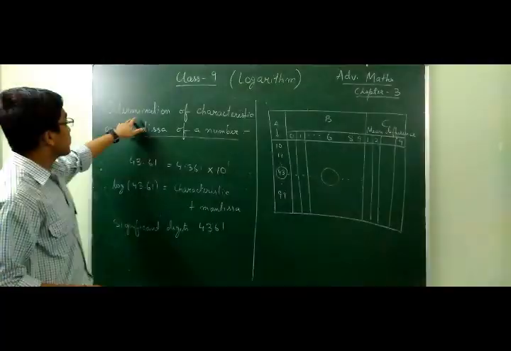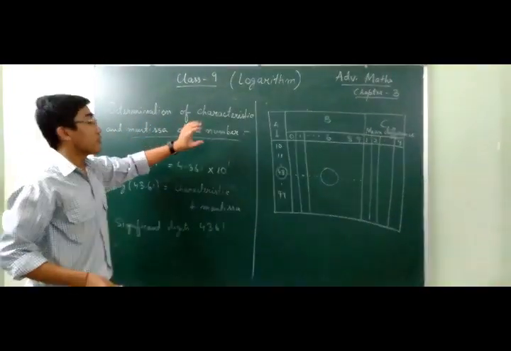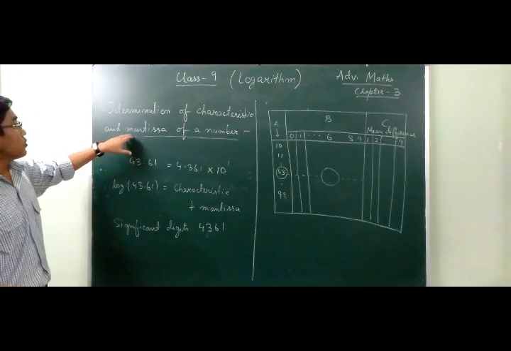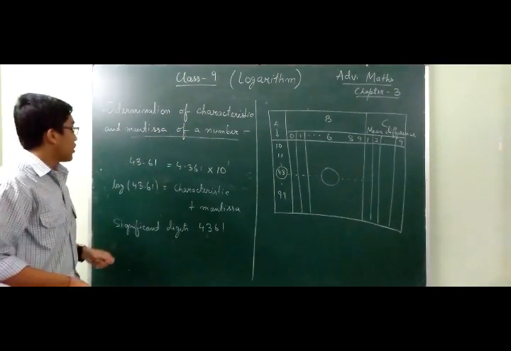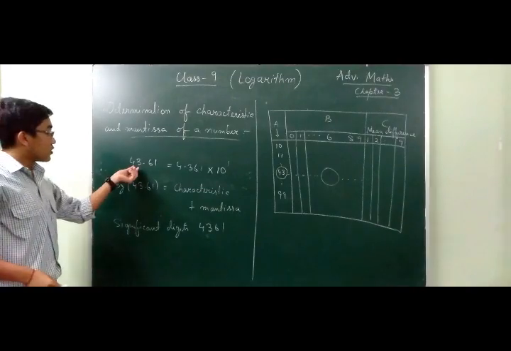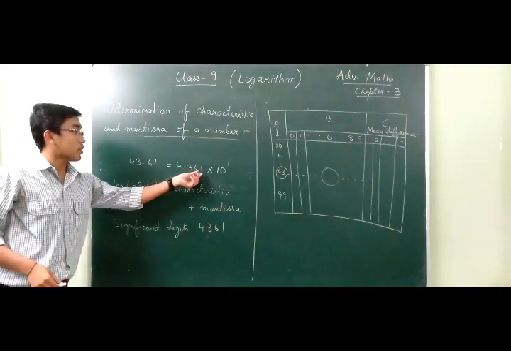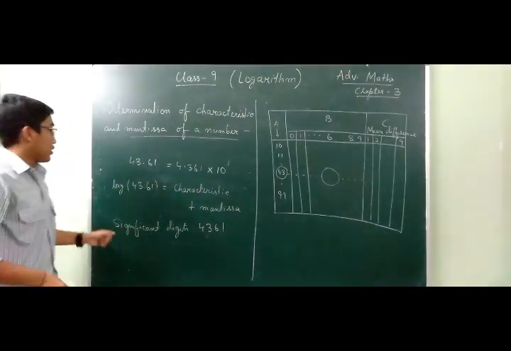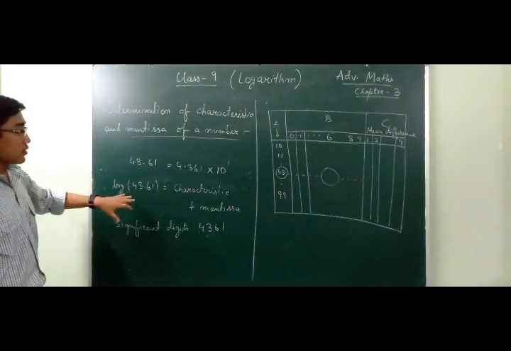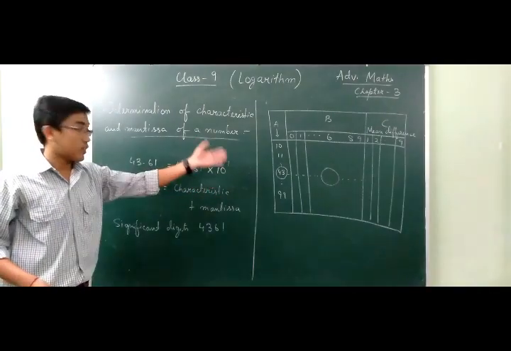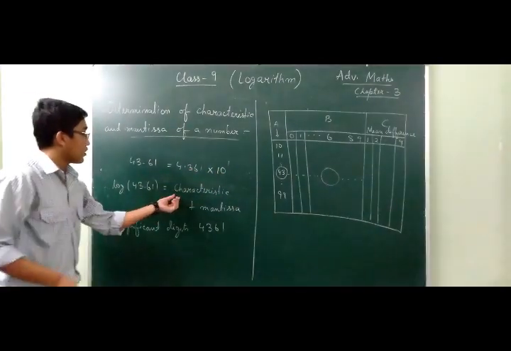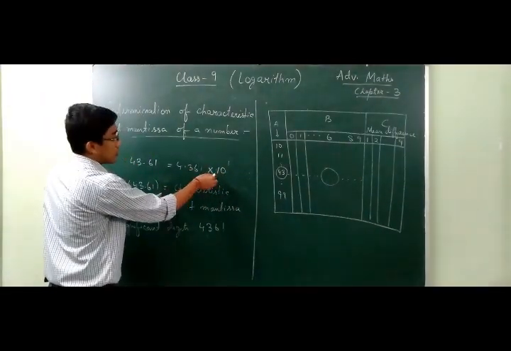Now we have defined the characteristic of a number. Now let us go to what is the mantissa of a number. Let us take suppose a number 43.61. This number I can write in this way, 4.361 into 10 to the power 1. Now, if I take the log of this, we have just discussed how to find the characteristic of a number.